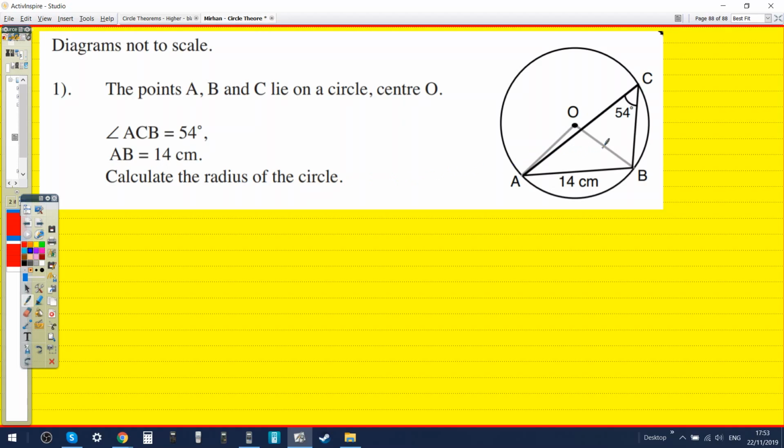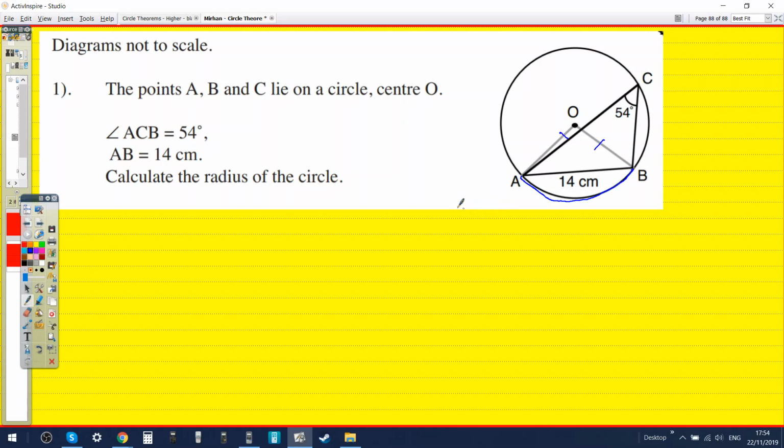Okay. So, OB is a radius. OA is a radius. They're both. You see how they're both on the same arc, AB? Yes.